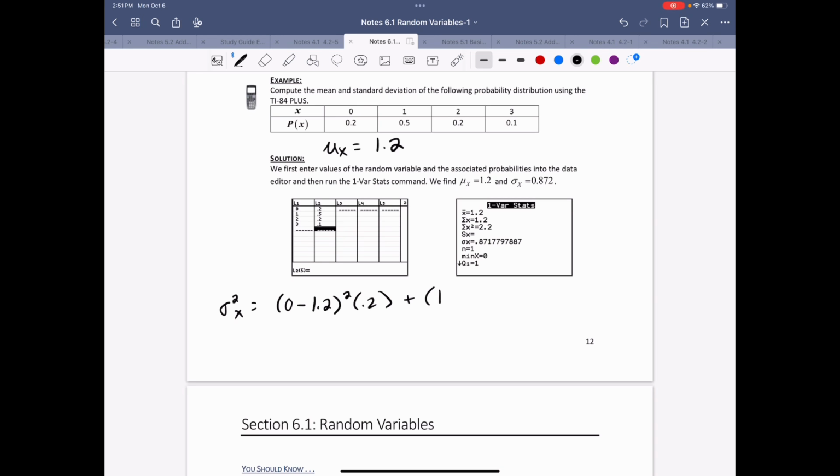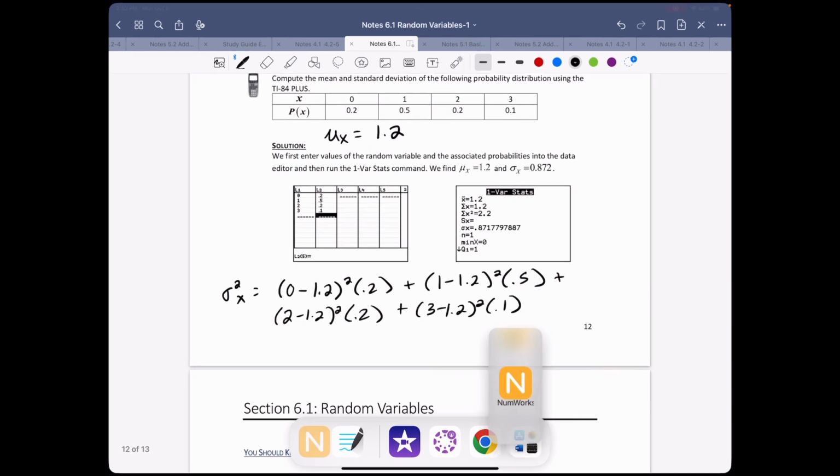And I'm going to do 1 minus 1.2 quantity squared times 0.5. And I'm going to do plus, I'm going to start on the next line. Plus 2 minus 1.2 squared times 0.2. And then 3 minus 1.2 squared times 0.1.